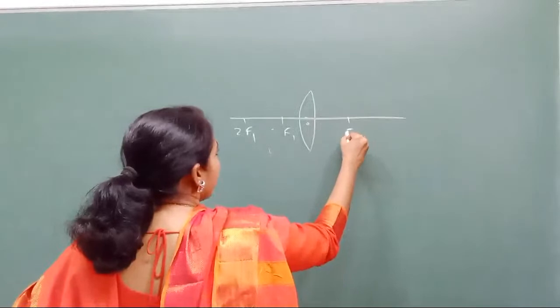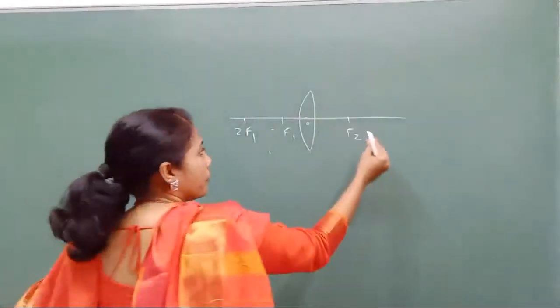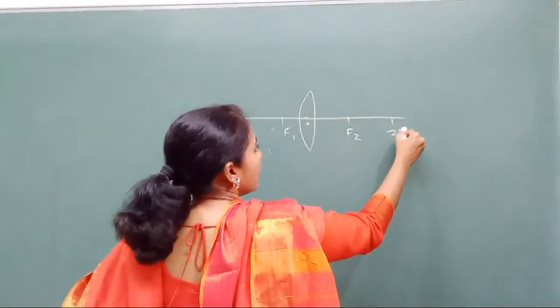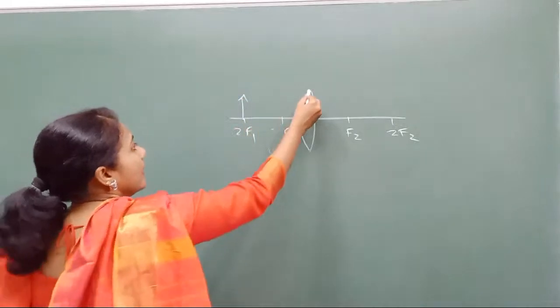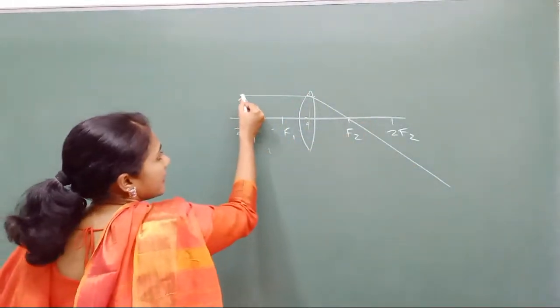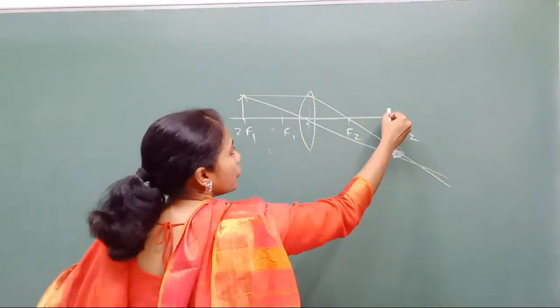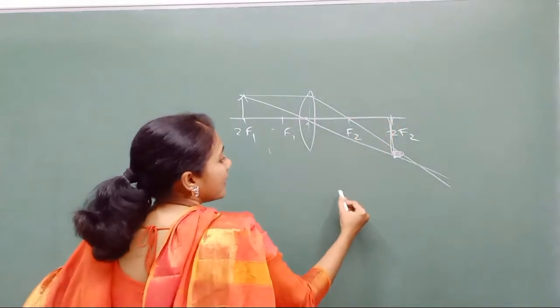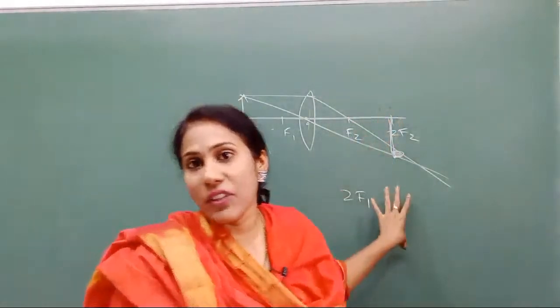So this is f2, 2f2, okay? If you keep your object here, then the rays pass through like this, and both of them meet somewhere here. So you get your image at 2f1, okay? And it is a same size and inverted image.